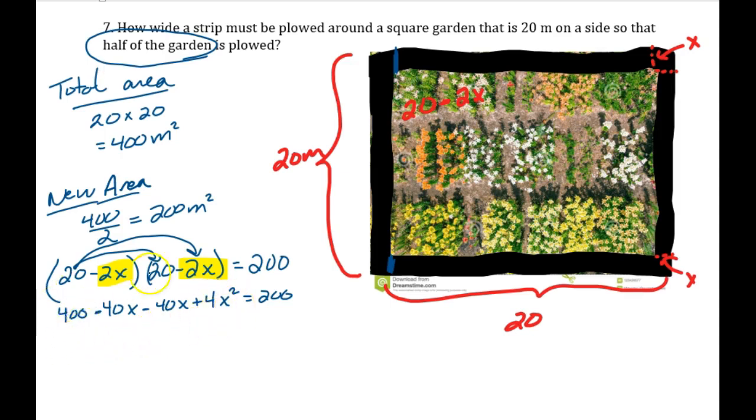So let's simplify our left side here. You have 4x squared. I'm going to put my x squared term first. So that one's done. You have negative 40x and negative 40x, negative 80x, and you have 400. Now this 200 is over here by itself, so we're going to bring that over now in this step. So it should be a negative 200 equals 0. Then you're left with 4x squared minus 80x plus 200.